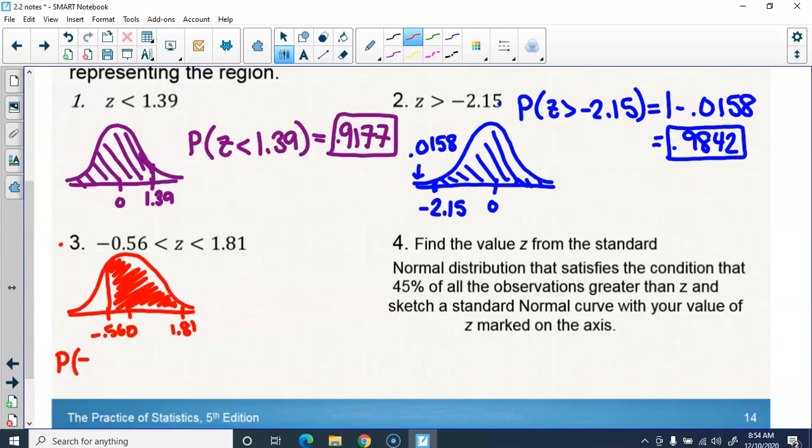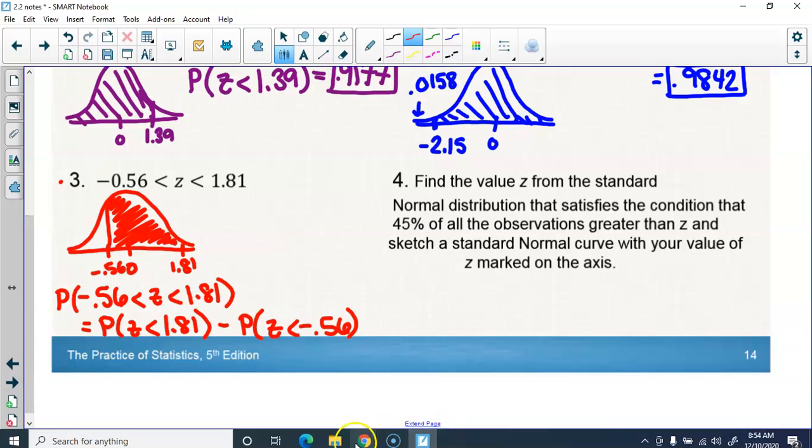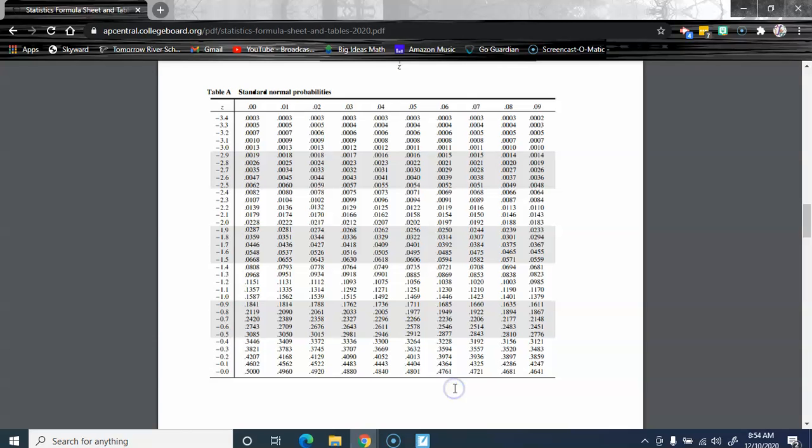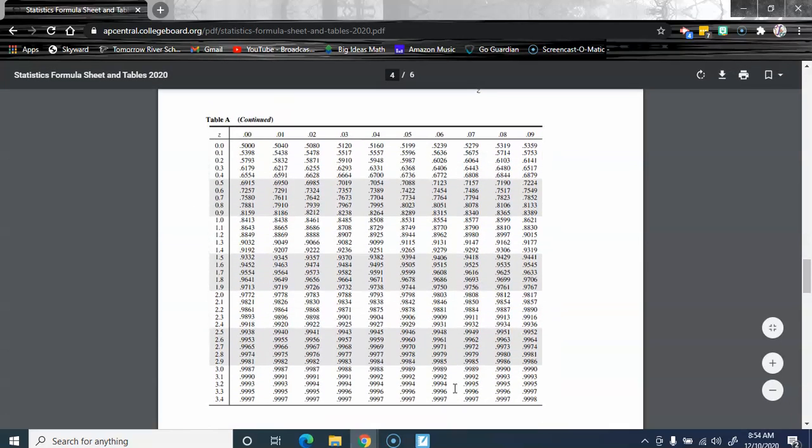So to find the area between, I'm going to find the area to the left of 1.81 and subtract off the area to the left of negative 0.56. All right, so 1.81 is 0.9649 right here.